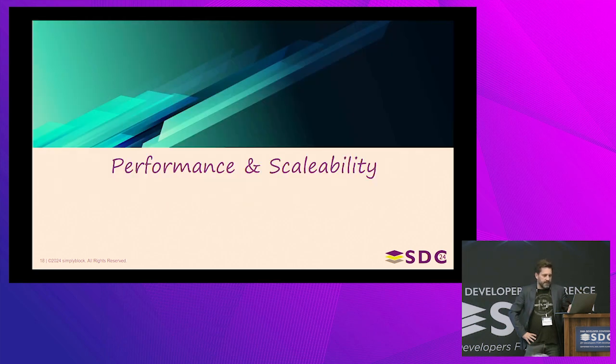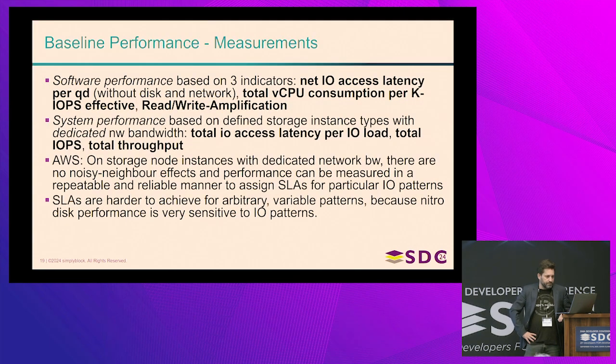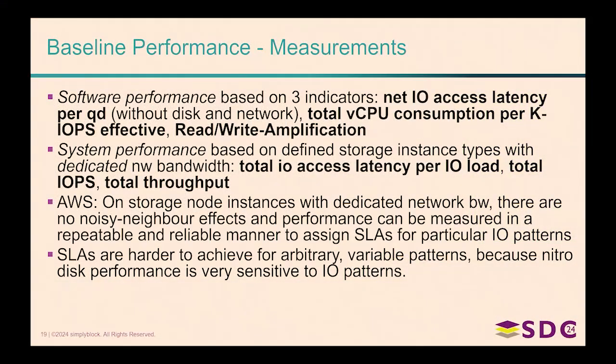And here are some findings on the performance and scalability with regards to SPDK and us on SPDK. But I think they're generally applicable for SPDK. So two things. Software performance, it's rather clear. So we measure the impact of our performance footprint on top of the raw performance of the hardware, network compute, and storage itself.